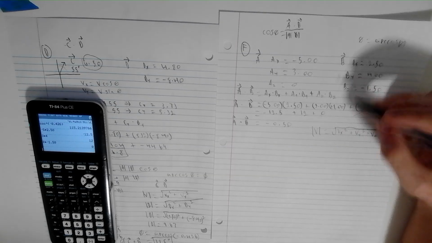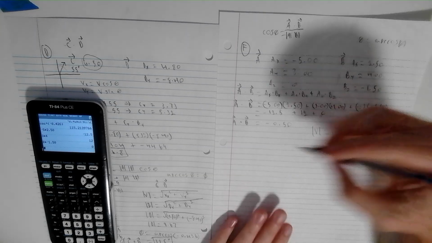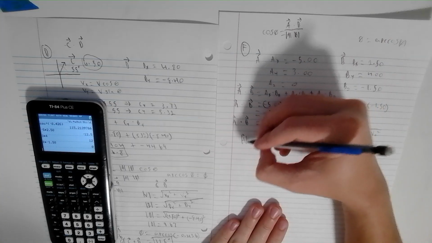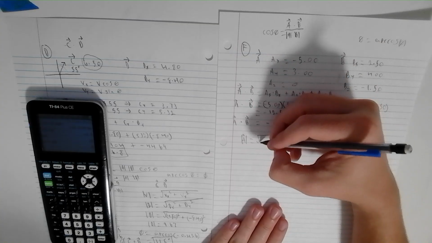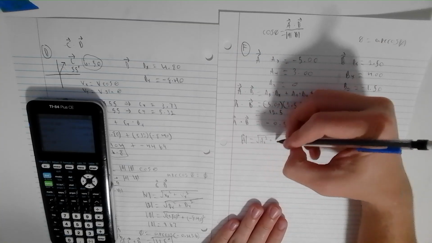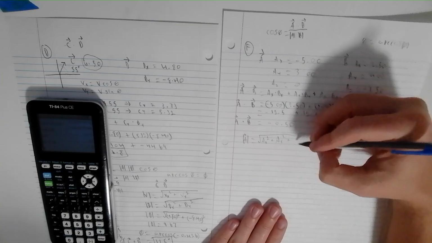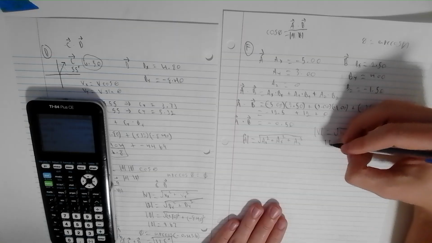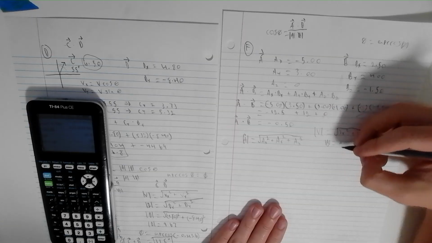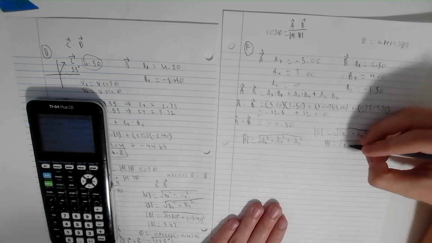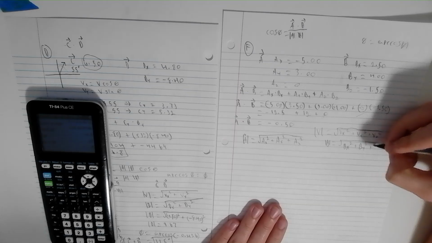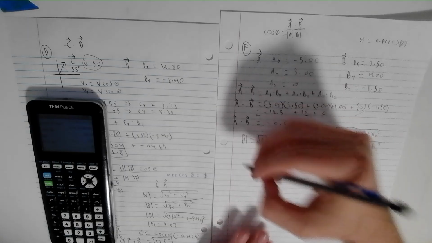And then we'll plug that in for A and B. So the magnitude of A equals the square root of ax squared plus ay squared plus az squared. And the magnitude of B, bx squared plus by squared plus bz squared. And now we're just going to plug them in.